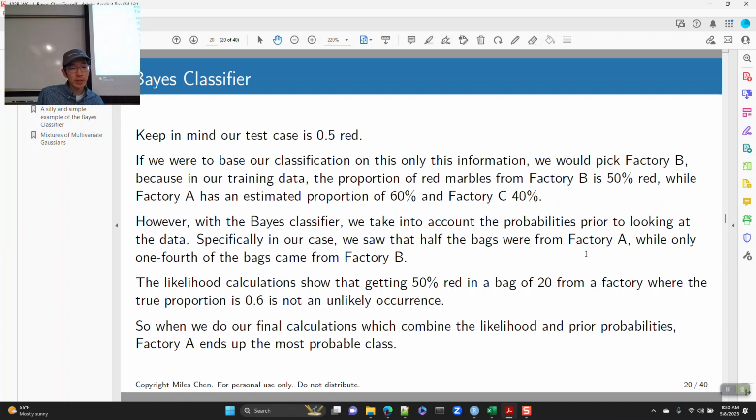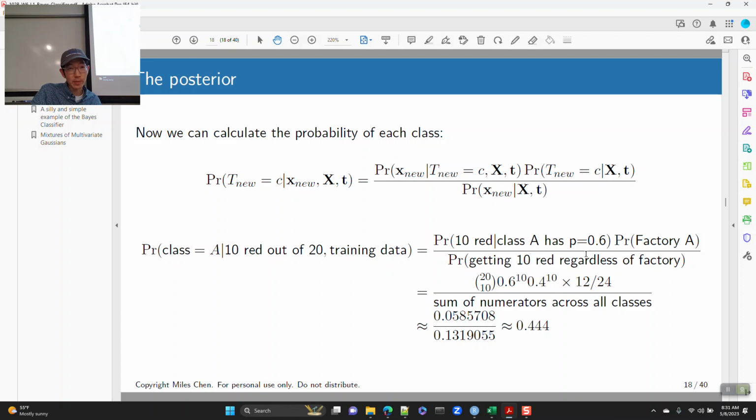When we do the likelihood, getting 50% red in the bag if it comes from factory A is not that weird. Factory A has a filling proportion of 60% red. Getting only 10 out of 20 red in the bag is not that weird. So when we combine them, factory A still ends up the most probable class at 0.44.